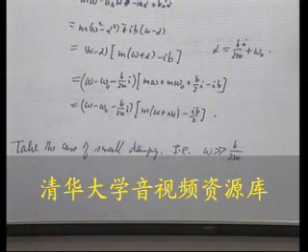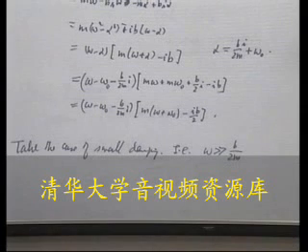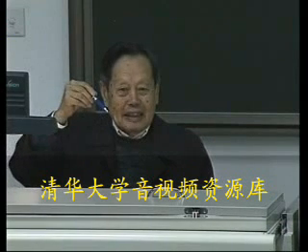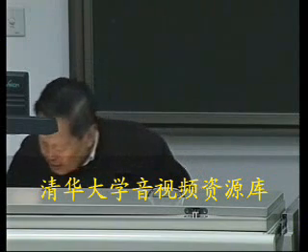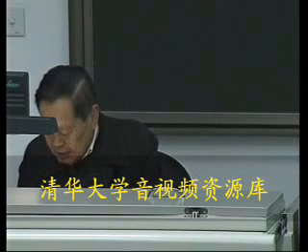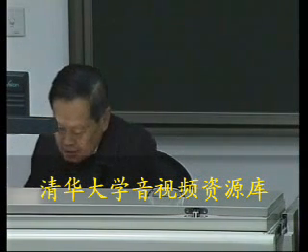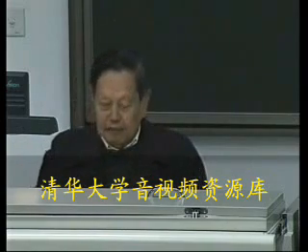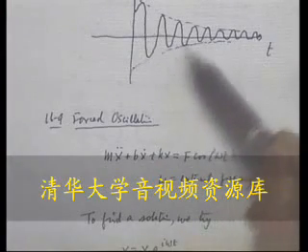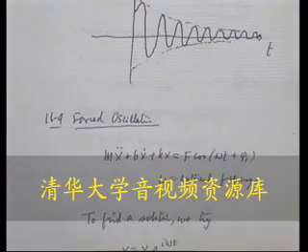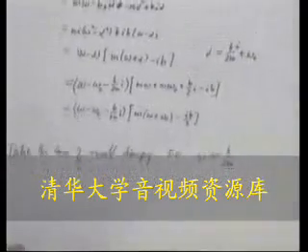If omega is very large compared to b over 2m, that means the damping is small, you oscillate. If omega is large and the damping is small, that means you oscillate many, many times before it damps. So let's take that case.